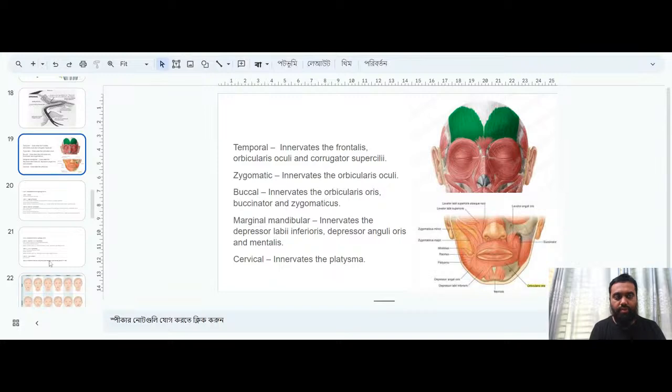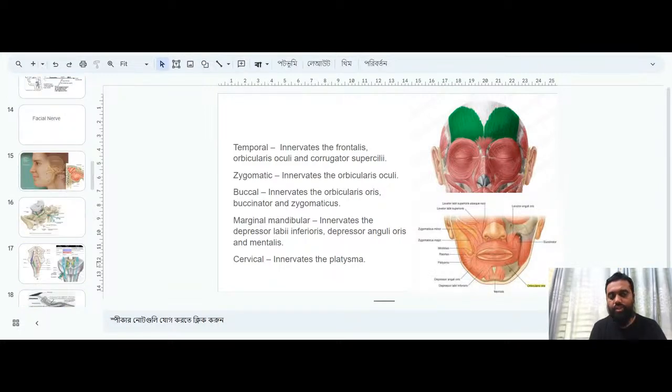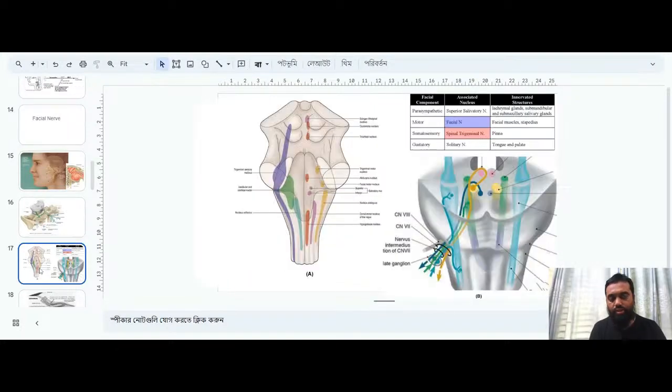First of all, sometimes we ask a question about facial nerve palsy, whether this palsy is an upper motor type of lesion or a lower motor type of lesion. For this reason, we want to ask you, do you understand what the upper motor neuron and lower motor neuron are?